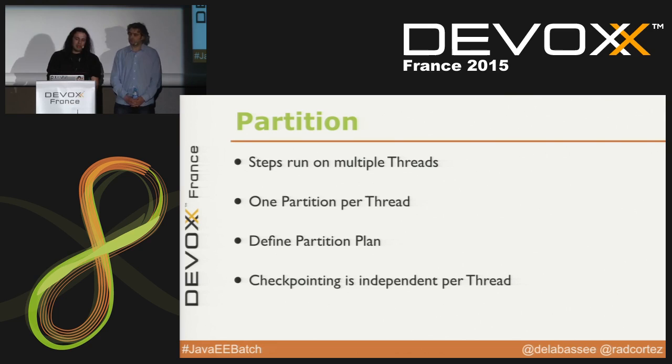So basically, we can tell the JSR 352 API to run the steps on multiple threads. It works with 1 partition per thread, and we can have as many partitions as we want. We just need to define them using the partition plan. The checkpointing, as David mentioned, for the chunk processing is also independent per partition and per thread.